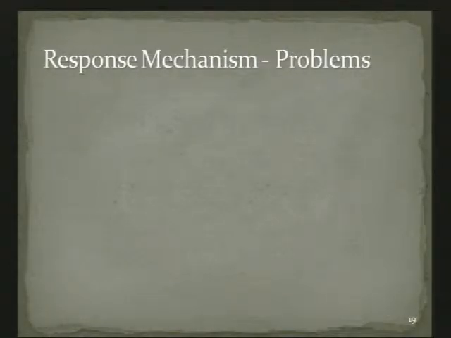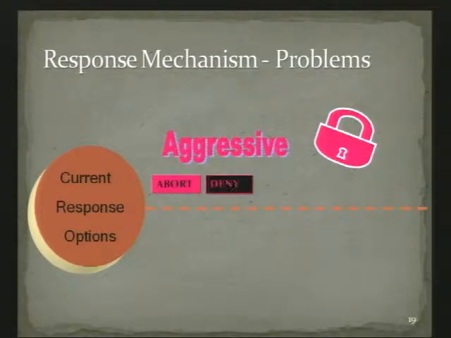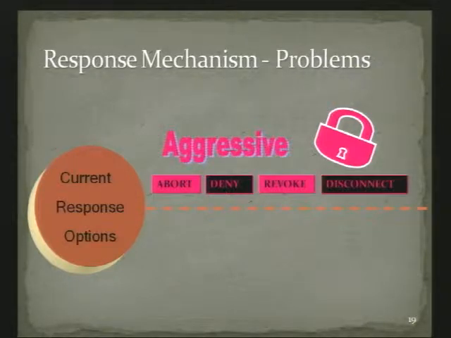The second problem with the response mechanism to date is, you have response options, some of which are aggressive, like abort the request. Deny means you deny the privileges to the users which you think are anomalous, or you revoke those privileges. I'm not going into the semantics of deny and revoke here, but they are two different responses you can take. Or you can just disconnect the user session.